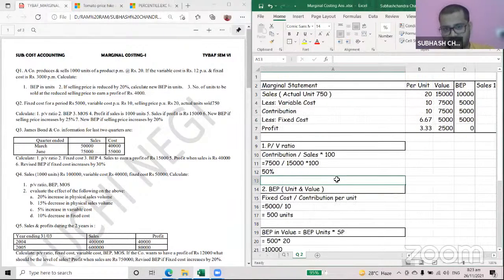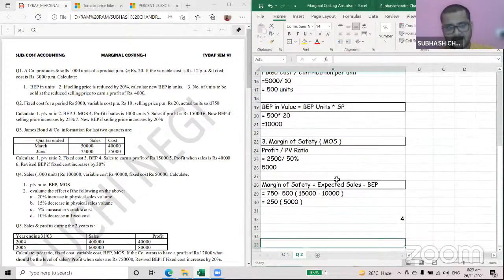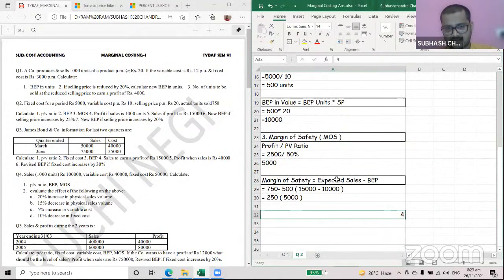So let's calculate here. Sales at a desired profit of 15,000.